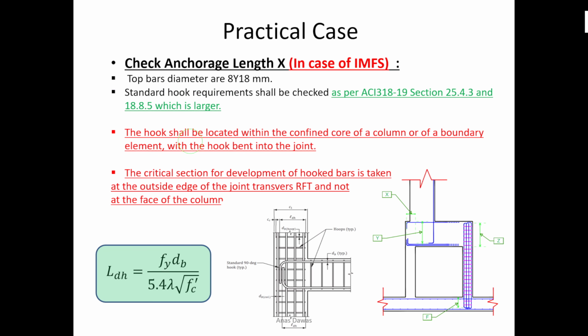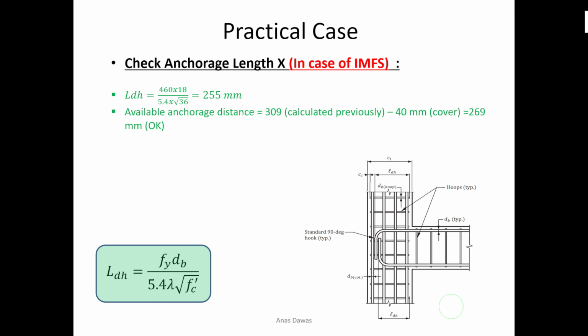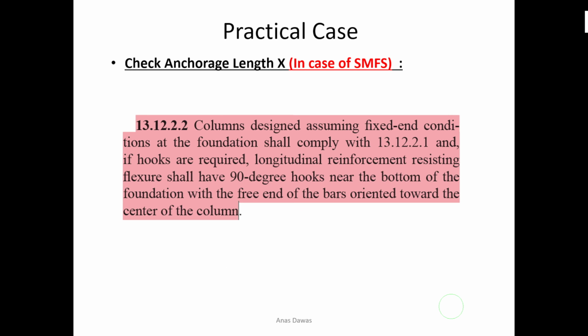Some engineers asked me whether they have to turn these bars outside or inside. Normally outside is acceptable, but for special elements or special moment resisting frames, this provision is from ACI 350 for environmental structures, but I believe it can also be found in ACI 318. It is for special moment resisting frames, not ordinary.